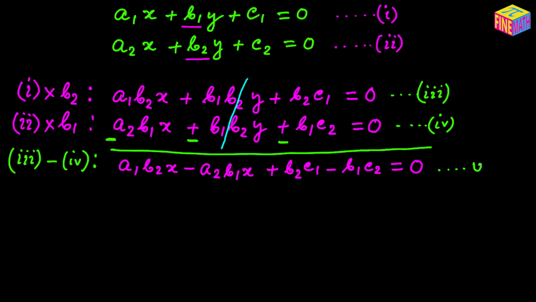From this equation number 5, we are going to do a little more simplification and see how that looks. If we simplify a little more, from the first two terms you can see we have x as a common factor.